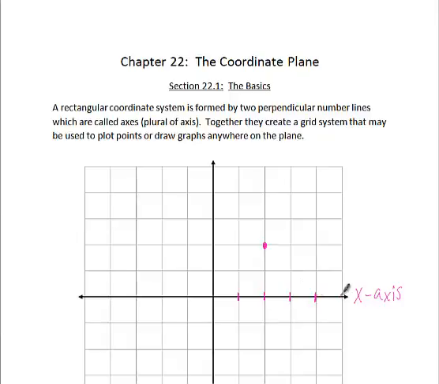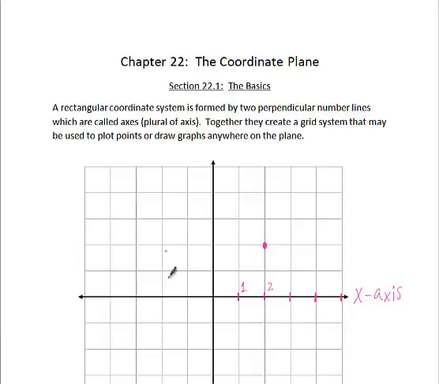Then we have several locations along the number line. The right is positive, and so if we were to say each unit is 1, then any point that falls along this vertical line here would have the x coordinate of 1.